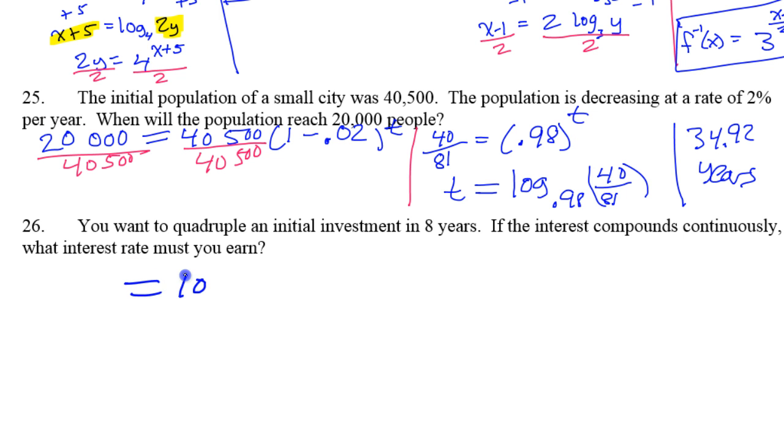I'm going to say $1,000 is my initial investment. And then it's e. They want to know the rate, so obviously I don't know the rate yet. 8 years is the time, so I'll put 8r up there. If I wanted to quadruple, how much will I have eventually? If I have 1,000, I'll have 4,000. So I just need to solve this for r.